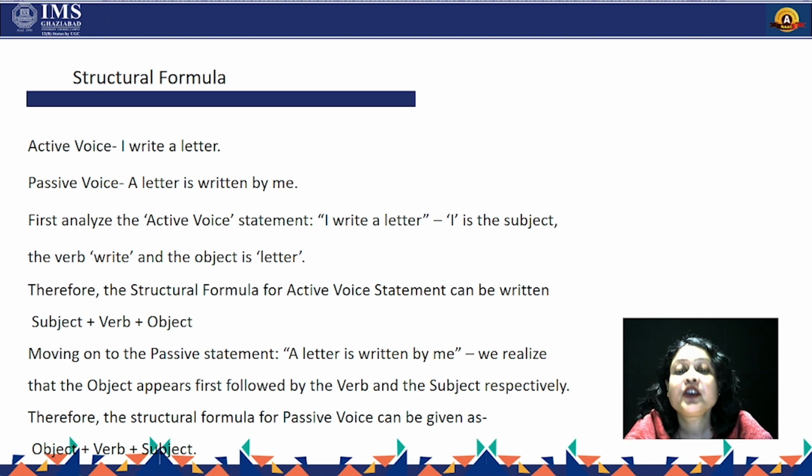But in the second sentence, "A letter is written by me," the object appears first, followed by the verb, that is written, and then the subject of the sentence. So here the structural formula becomes object, verb, and subject.